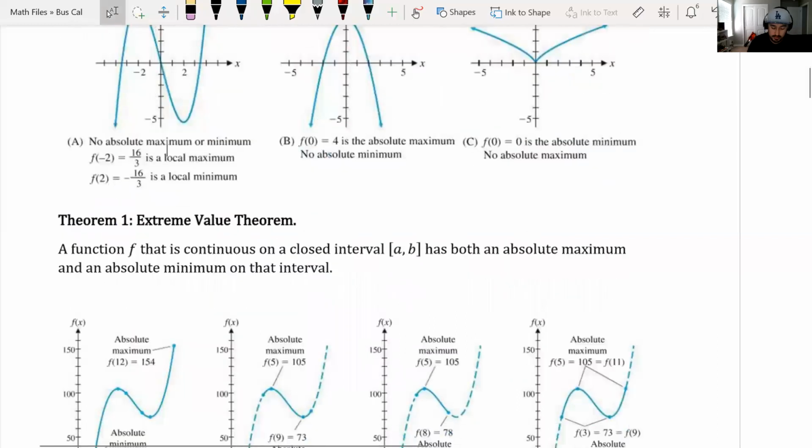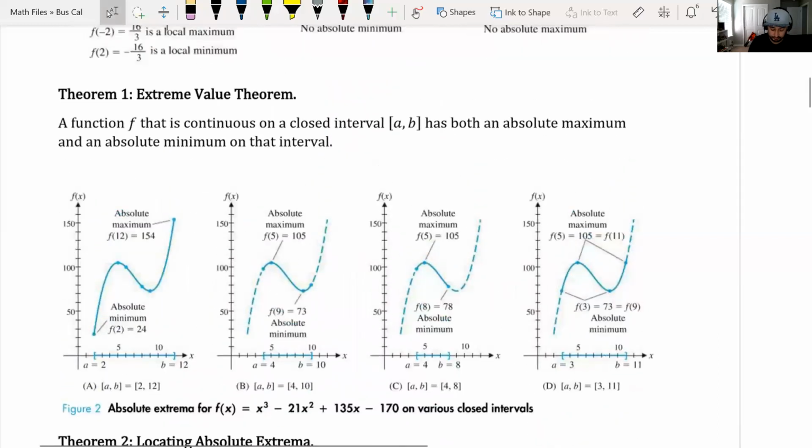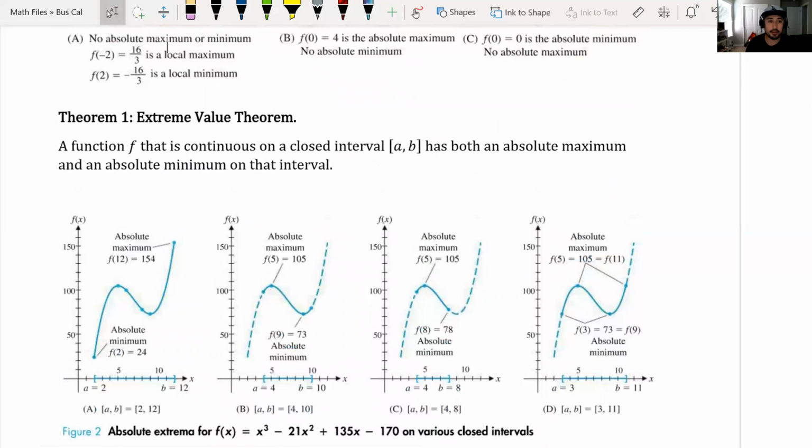Down below, for the extreme value theorem, what this theorem says is that in order to have an absolute maximum or minimum, the function must be continuous on some closed interval [a, b]. So for these four graphs, what we have done is close the interval. In the very first graph, we close the interval from 2 to 12.